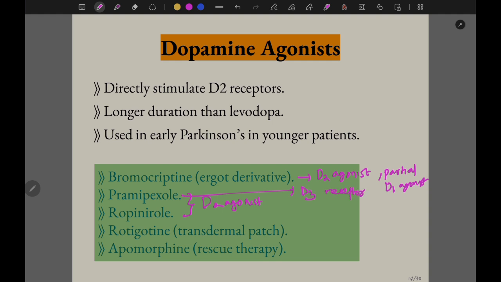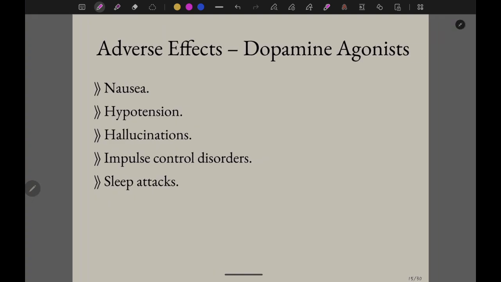These are the things you have to remember. Then the adverse effects include what we told already in levodopa: nausea, vomiting, hypotension, hallucination, insomnia, sleep attacks. Then impulse control disorders. They are unable to control their impulses, which can lead to hypersexuality and all.